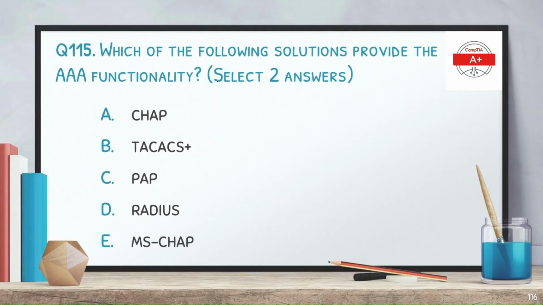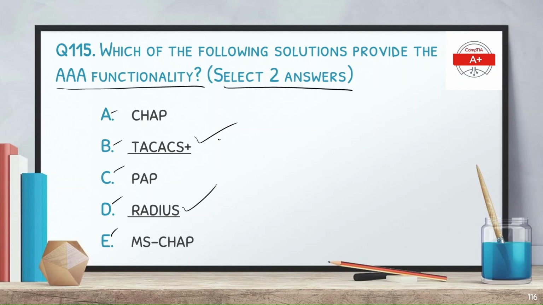Question number 115 is that which of the following solutions provides the AAA functionality? And we have to select two answers. And the options are A, CHAP. CHAP is basically Challenge Handshake Authentication Protocol. B, TACACS plus. C, PAP. PAP is Password Authentication Protocol. D, RADIUS. And E, MS-CHAP, Microsoft CHAP. And the correct options are TACACS plus and RADIUS.